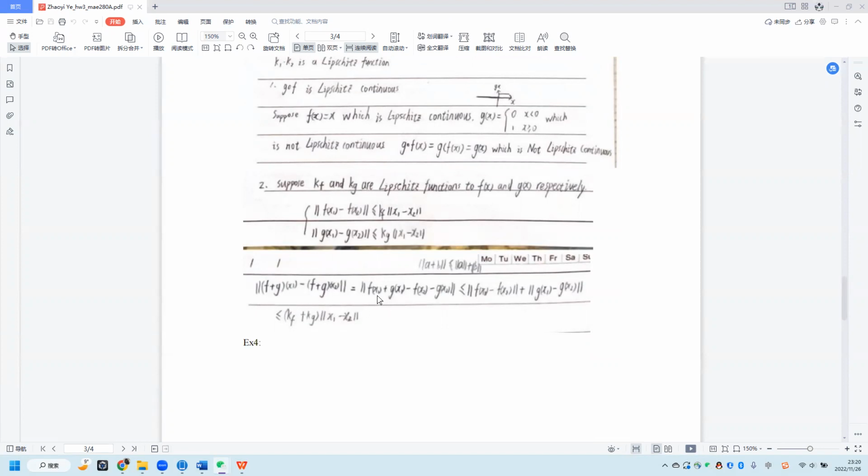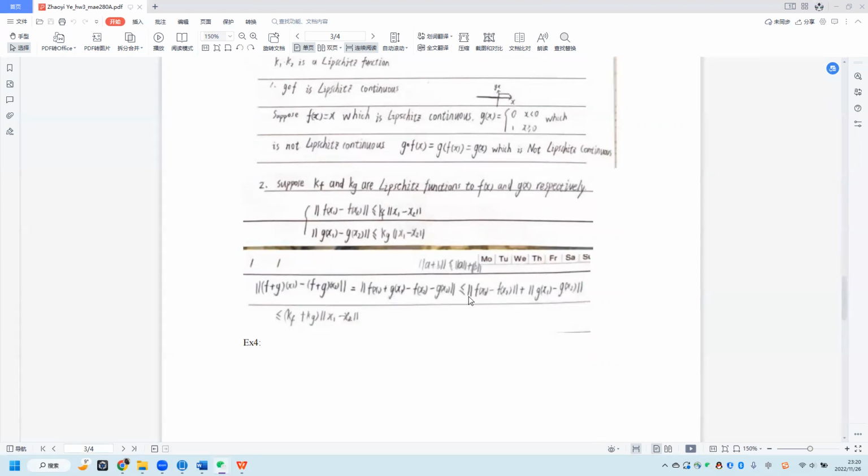By expanding this one, we have the norm of f(x1) + g(x1) − f(x2) − g(x2), which is less than or equal to the norm of f(x1) − f(x2) plus the norm of g(x1) − g(x2).